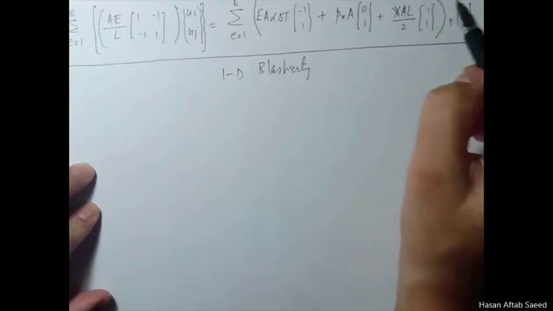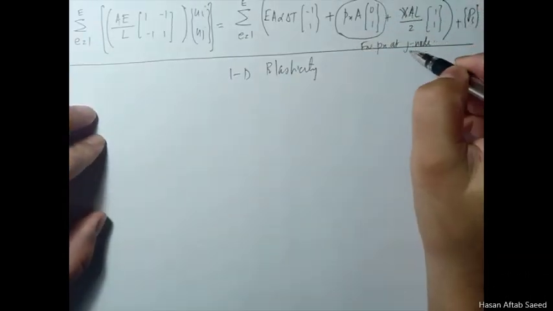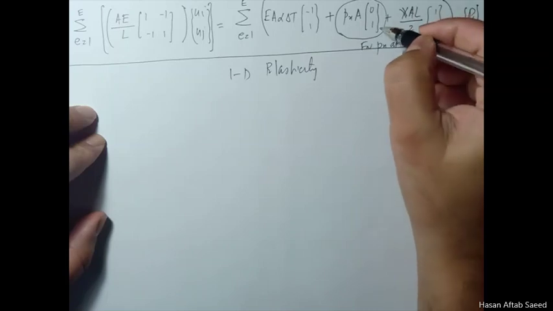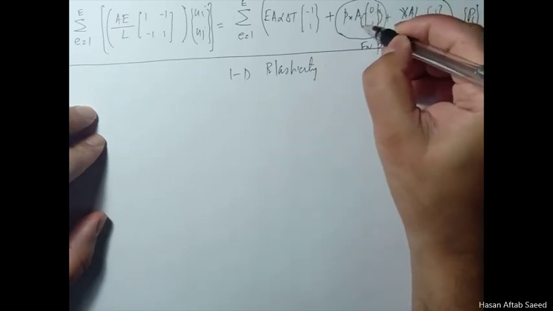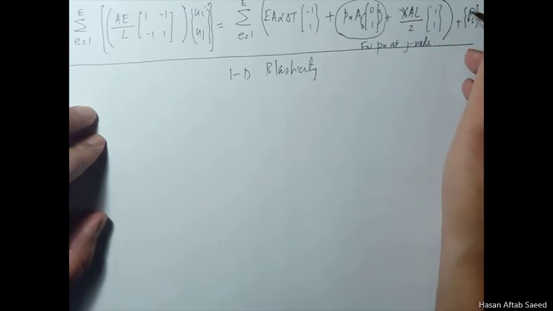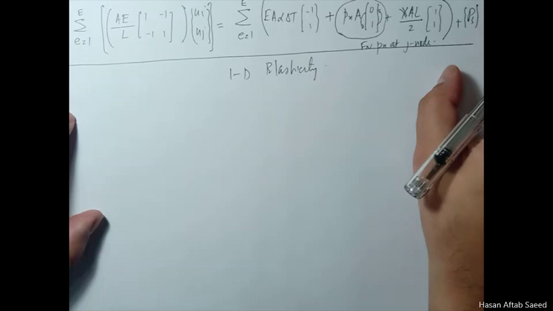Now you should be sure that this is for px at J. If this px is of course at I node, then you'll have to switch these 0 and 1 like this. So that brings us to the end of the formulation for 1D elasticity.